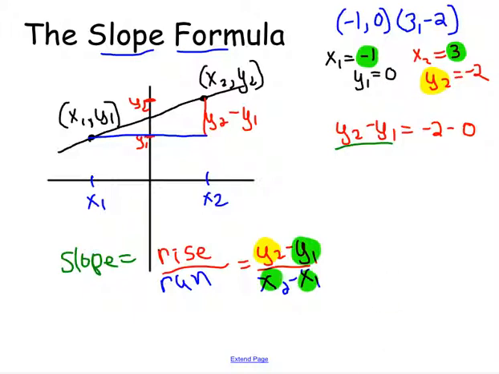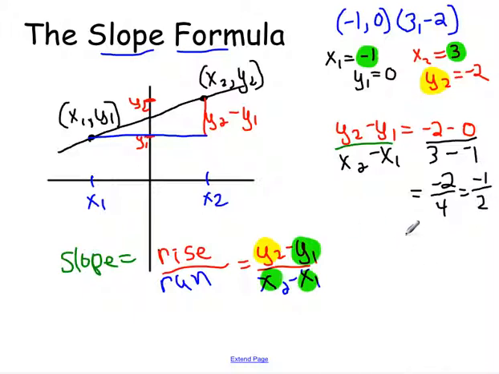Actually, hold on a second. Let me erase it. x sub 2 minus x sub 1 is going to result in 3 minus x sub 1, which is -1. So that's going to result in -2 over 4, which results in -1 over 2. So I have a slope of -1/2.